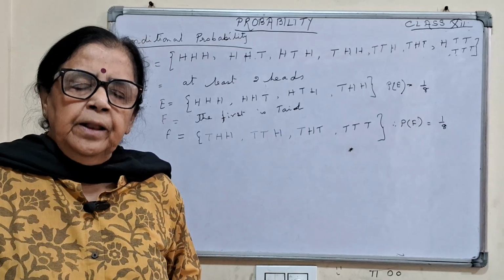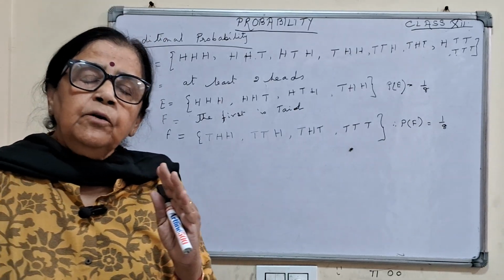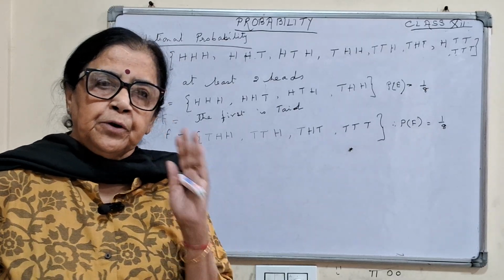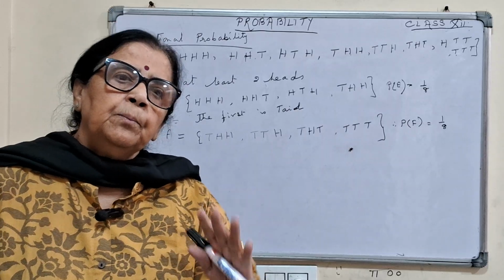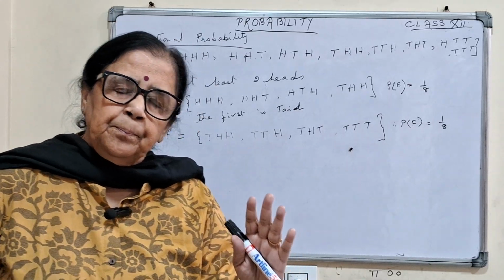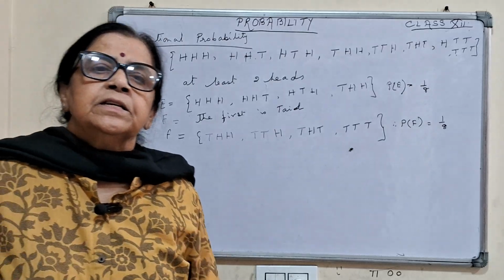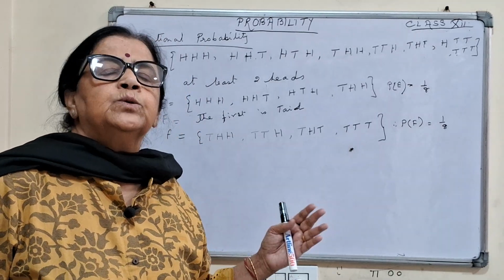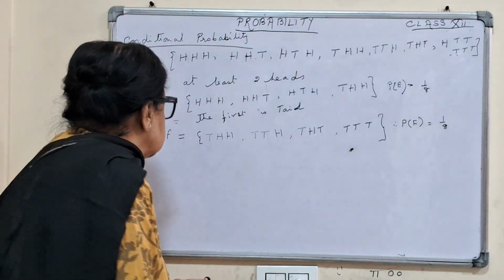And out of the even numbers, if it is a multiple of 3, how many are there? Only 6 is there.